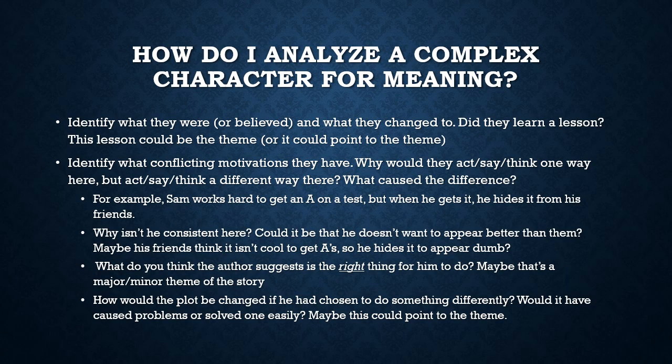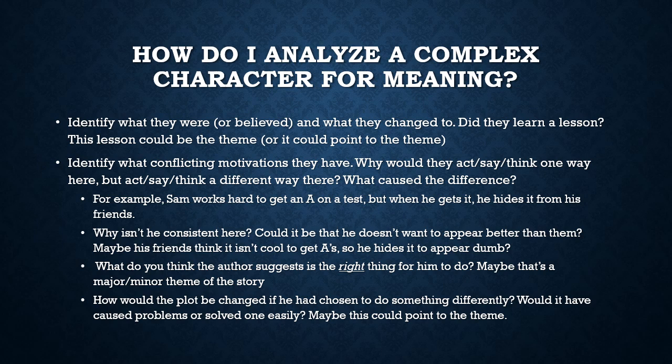Okay, so how do I analyze a complex character for meaning? We have already identified that a character is complex, so now we want to see how we can analyze that for meaning. First of all, you want to identify what they were or what they believed and what they changed to. Did they learn a lesson?